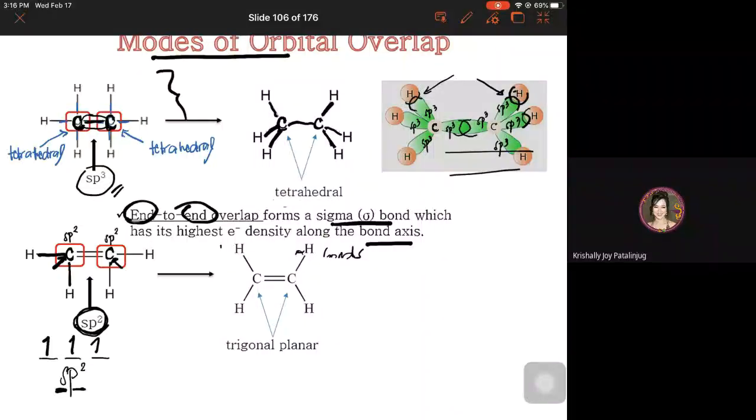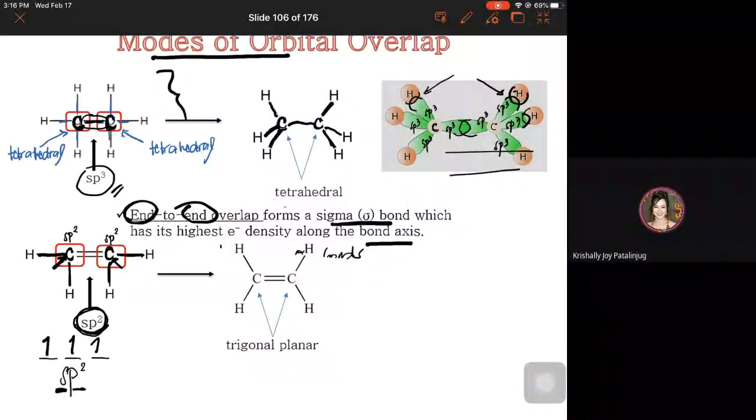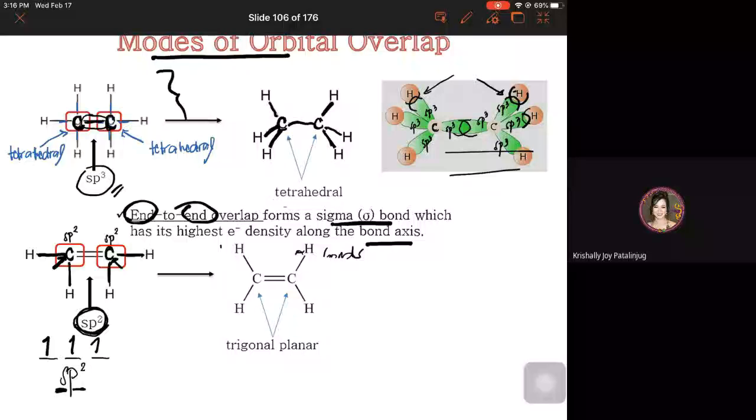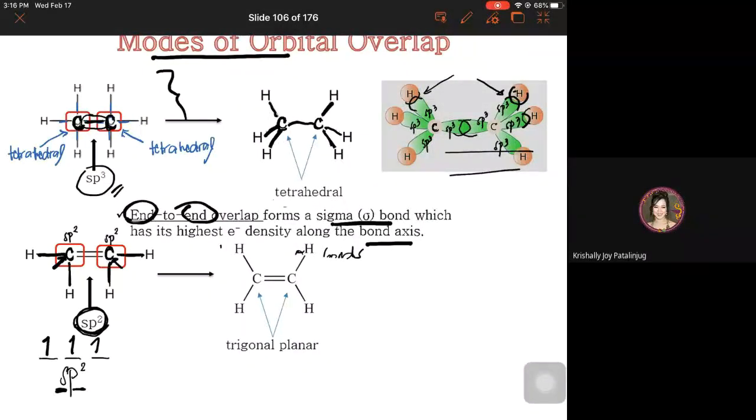Ganito din sa kabilang side na carbon. So, dalawa sa sp2 orbitals for each carbon forms carbon to hydrogen sigma bonds, kasi sabi natin, all single bonds form sigma bonds.